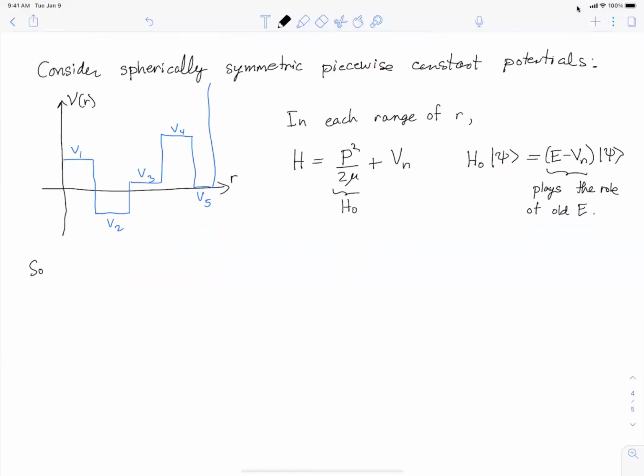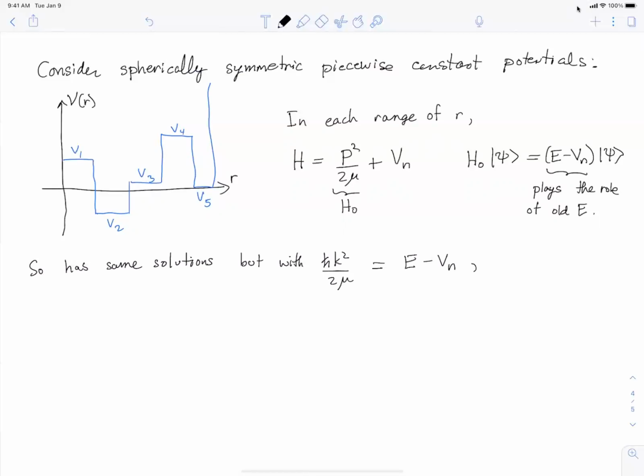Okay, so the wave function solutions are going to be these Y_lm spherical harmonics. It's just that we're going to replace h bar squared k squared over twice the mass, which used to be E. It's now going to be E minus V sub n in each region.